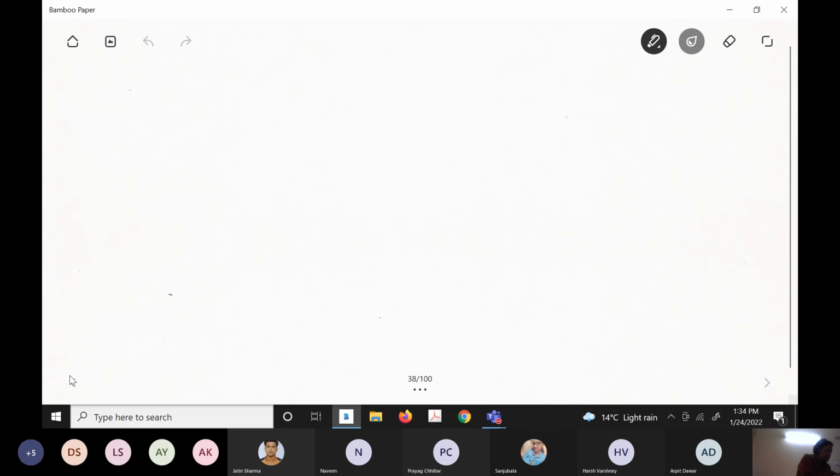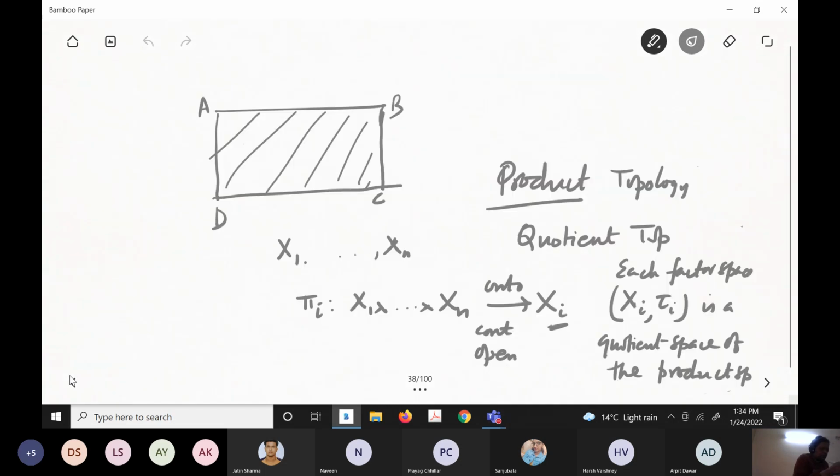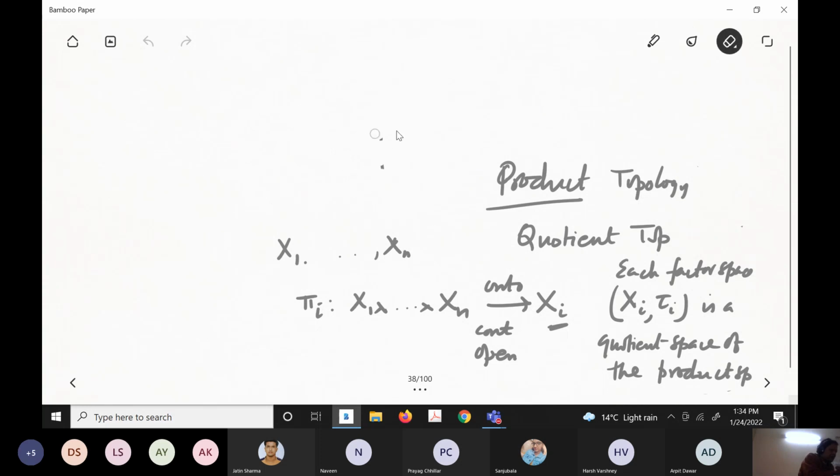Something quotient should come. I am leaving it and will continue in the next lecture. You should think about why it is called a quotient space.